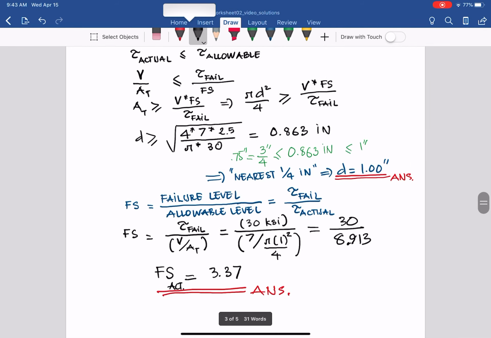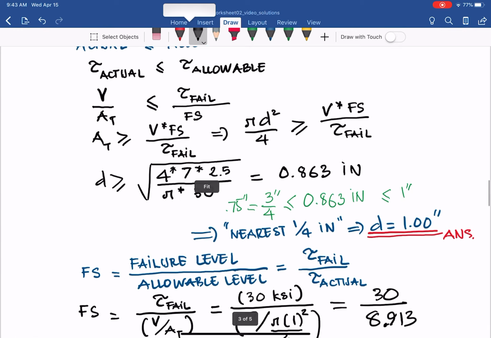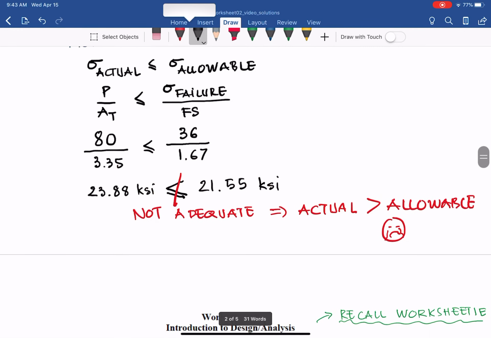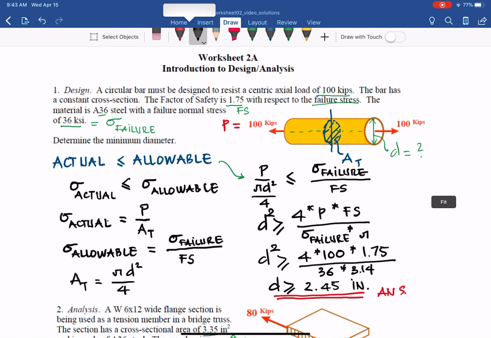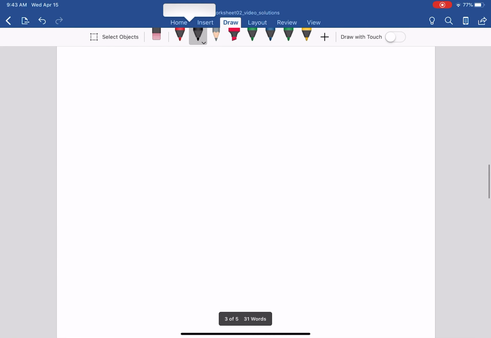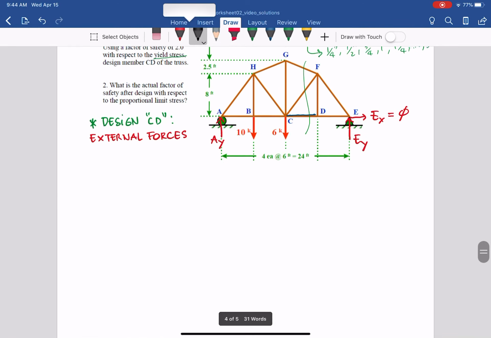Go back to problem 2b, and even 2a, you also have that same equation. That's why I go fast here.